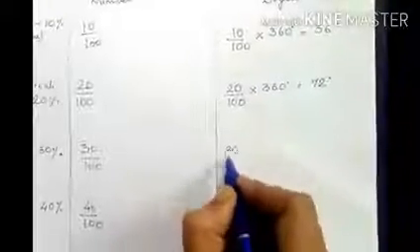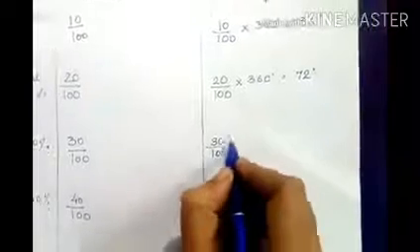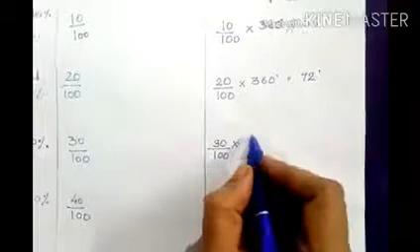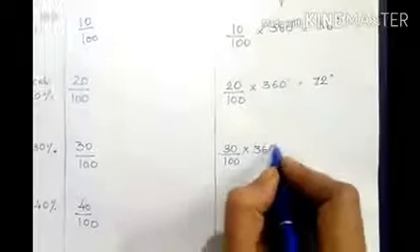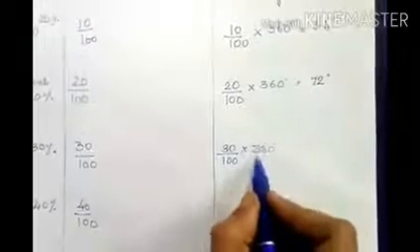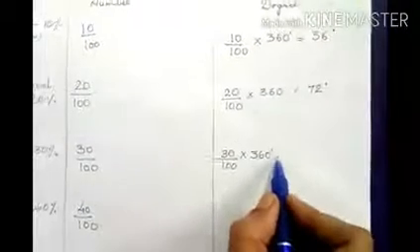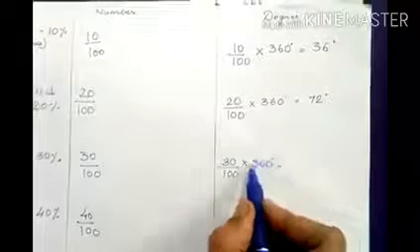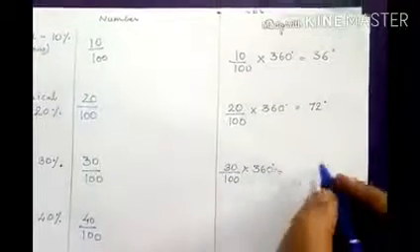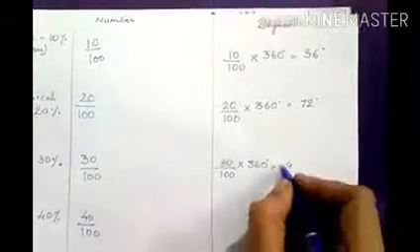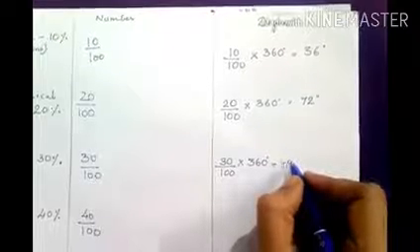Similarly, we can find for 30%. 30% also can be directly converted to degrees without finding the number. So we will multiply with 360 because we are converting to degrees and the total of degrees is 360. So in whatever we have to convert, we have to multiply with the total of that. So here you are going to get 108 degrees.